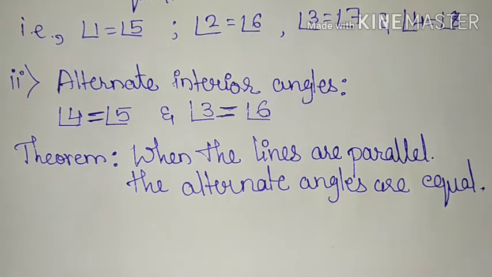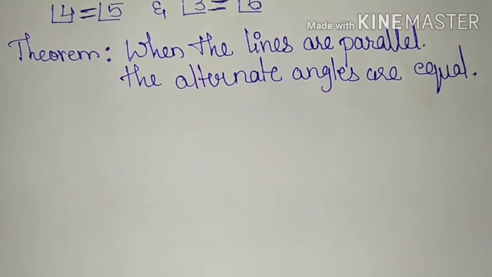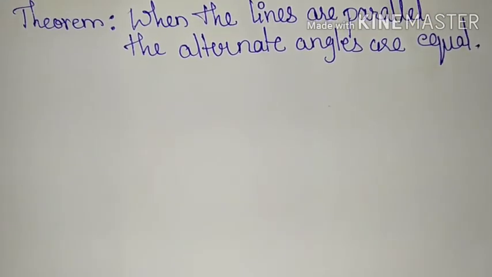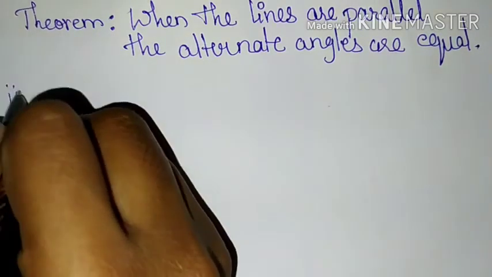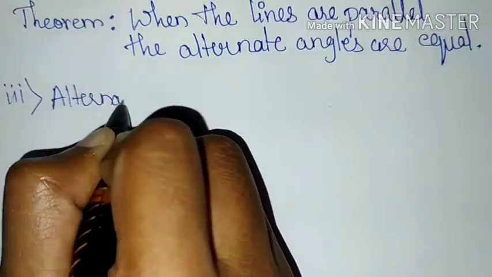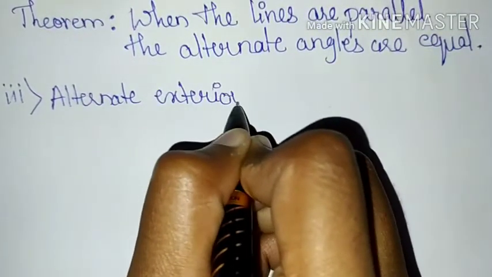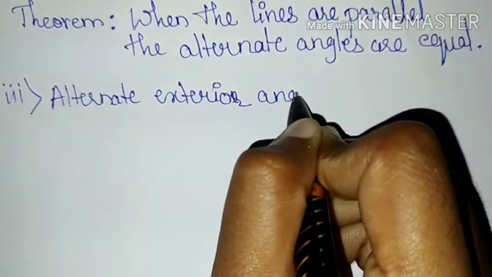Now the third set of angles is alternate exterior angles. We have interior, so we should write about alternate exterior angles.